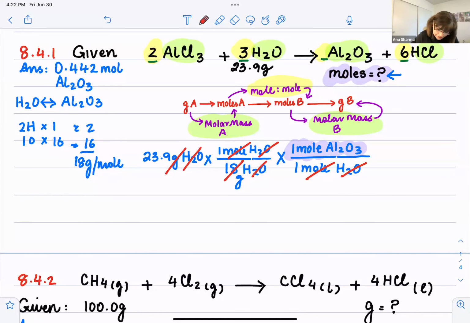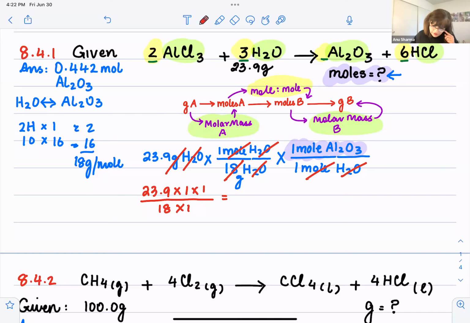Now you are left with 23.9 times 1 times 1 divided by 18 times 1. So let's do this. What do we get here? 23.9 divided by 18 is 1.32.